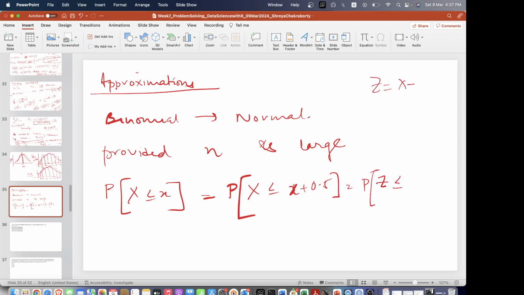Z is actually (x minus mu) by sigma. So mu for a binomial distribution is np, and sigma is root npq. So this would be Z less than or equal to (x plus 0.5 minus np) by root over npq, where q is nothing but 1 minus p.